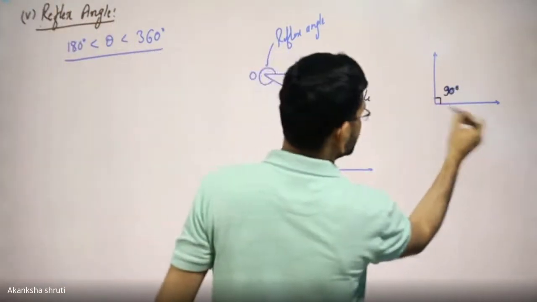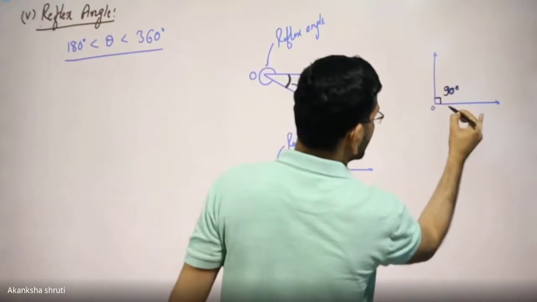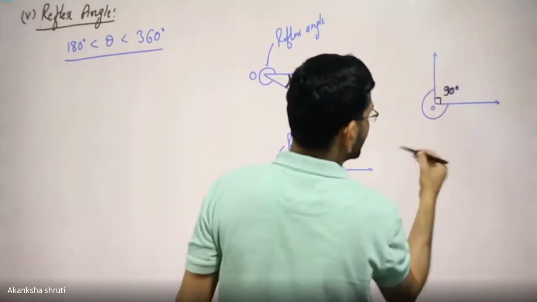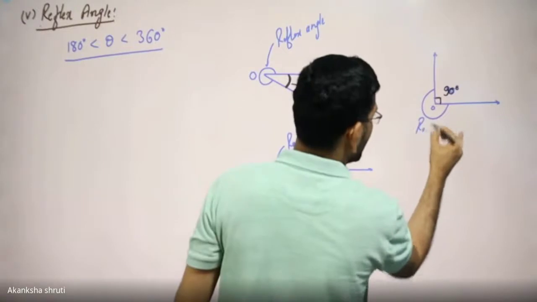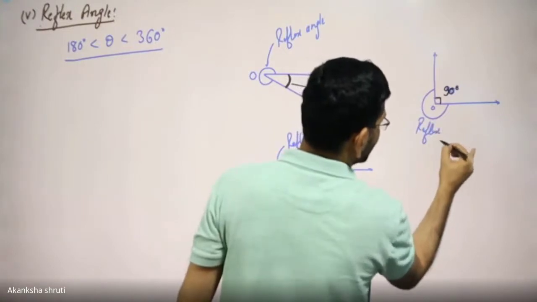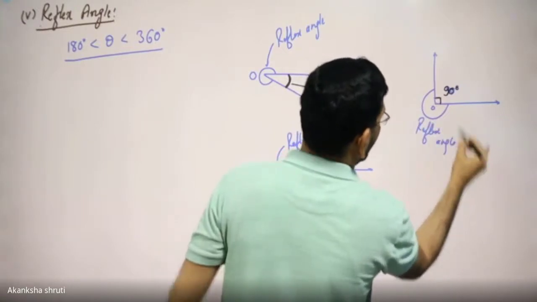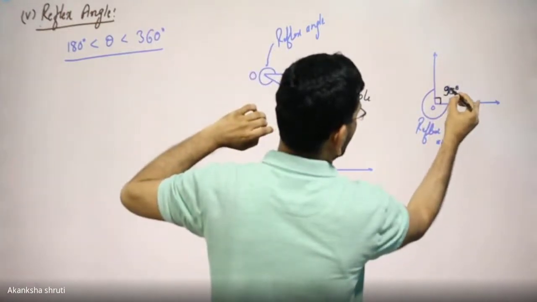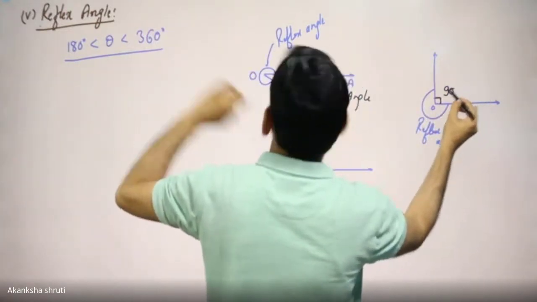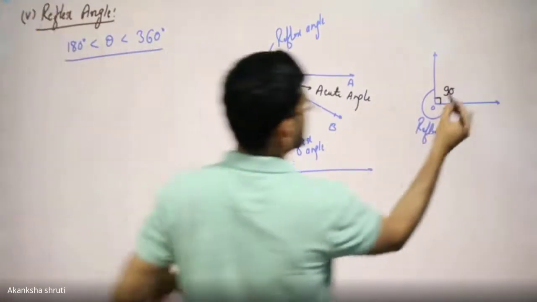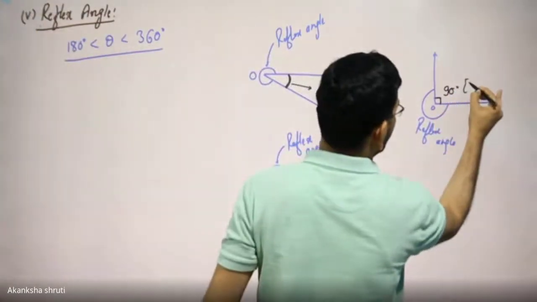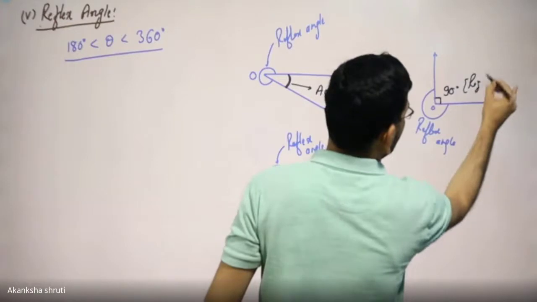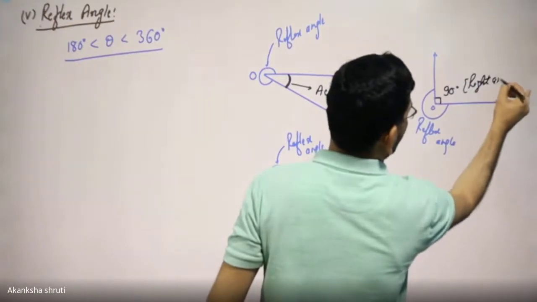So this angle we need to see. It is the reflex angle. But what we have considered on this side is our right angle, this 90 degrees.